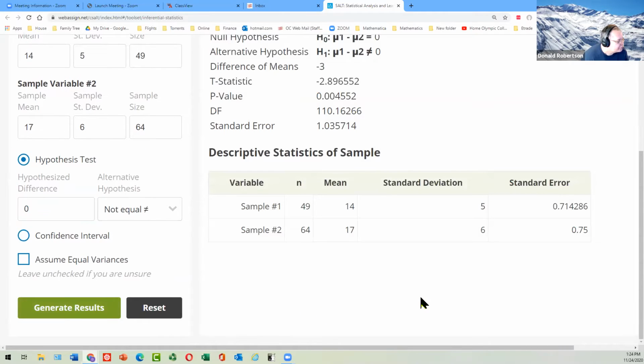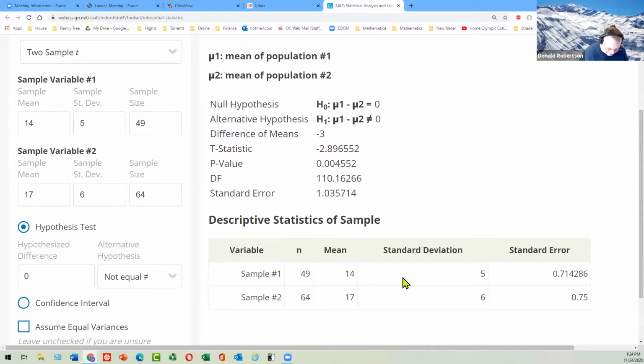Generate results. And we have a p-value and a test statistic. The test statistic in this case is negative 2.896. And the p-value is 0.0045.